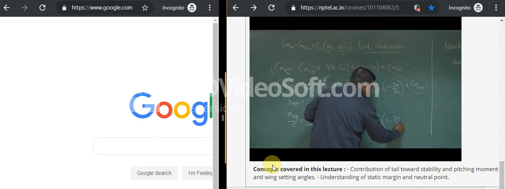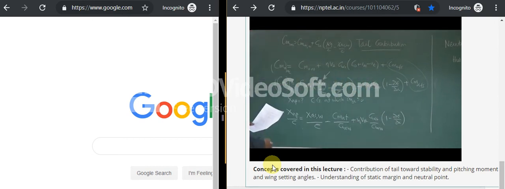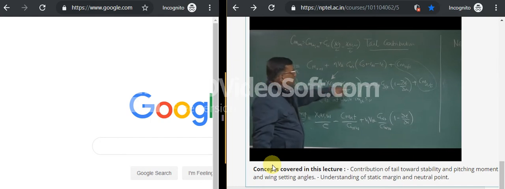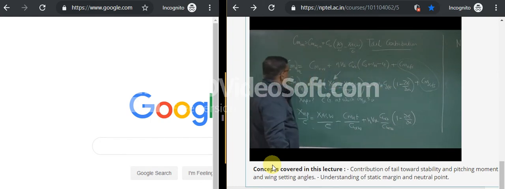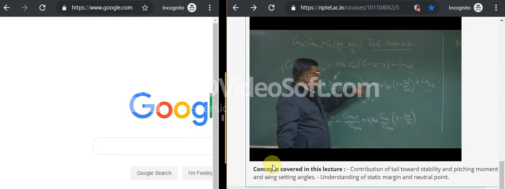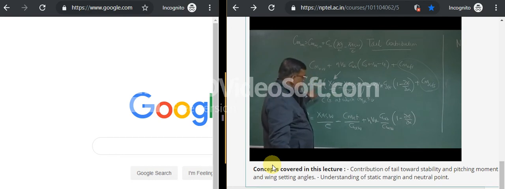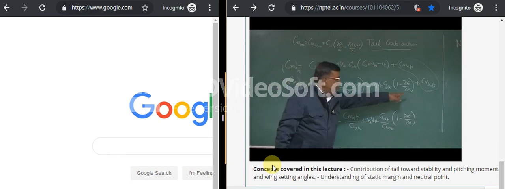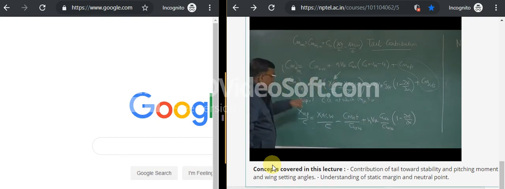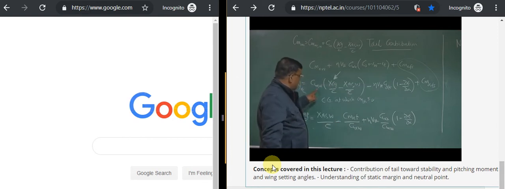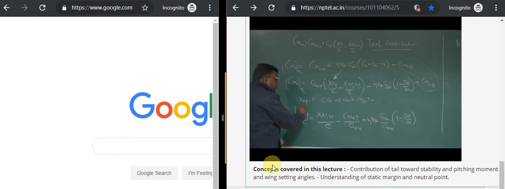You see here, I am putting this 0. So I want to find what is that XCG. So this term will come on the left hand side. This becomes positive, this is positive, then divided by CL alpha wing. Cm alpha comes here, changes its sign, minus, divided by CL alpha because of this. And of course CL alpha divided by this, X AC wing. So this is the neutral point stick fixed for an airplane.